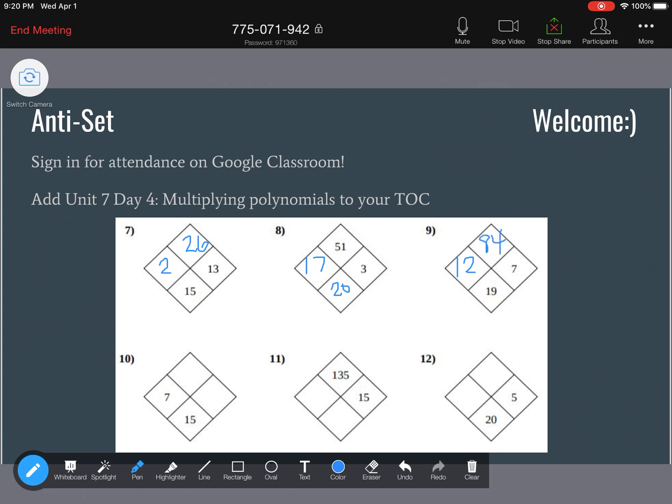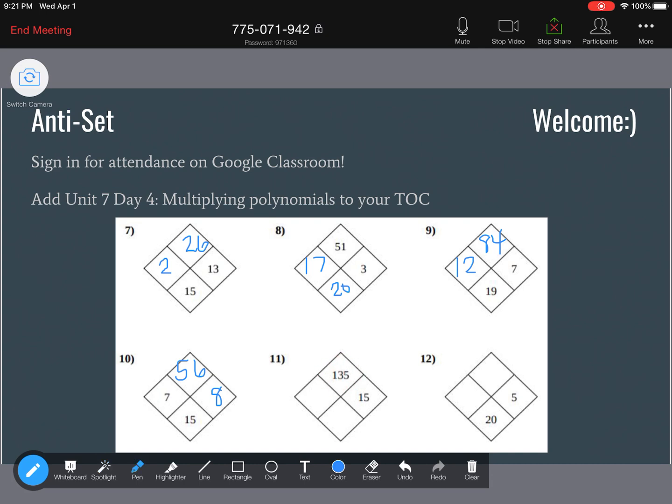Again, number 10, we want to add two numbers together to get to 15. So we say 15 minus 7, which is 8. Then 7 times 8 is 56. Okay, just as we were talking through this, the top number is what we multiply to.